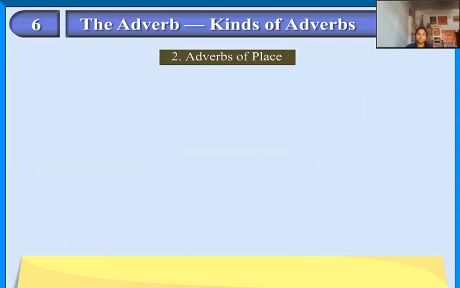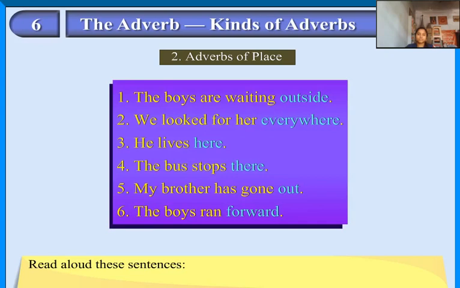Adverbs of place. Read aloud these sentences. The boys are waiting outside. We look for her everywhere. He lives here. The bus stops there. My brother has gone out. The boys ran forward.